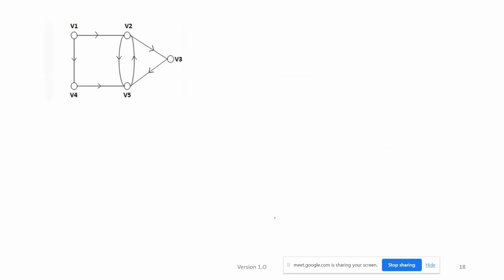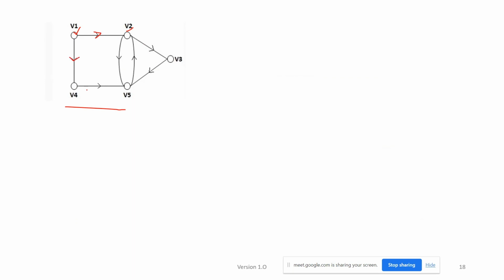I'm going to discuss another example. Say we have a graph like this. A graph, you know the definition, is a combination of vertices and edges. Here this is vertex 1, vertex 2, and so on, up to vertex 5, and these are the edges. Edges are represented with arrows, so you can say it is a directed graph.